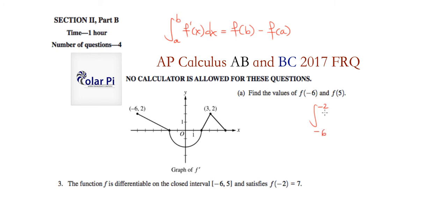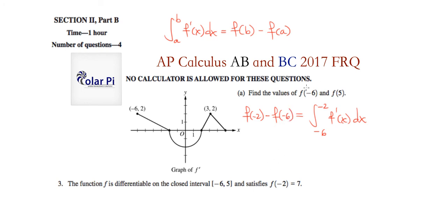Anyway, negative 6 to negative 2 of what? Of f prime of x dx. Now we know that this is equal to f of negative 2 minus f of negative 6.